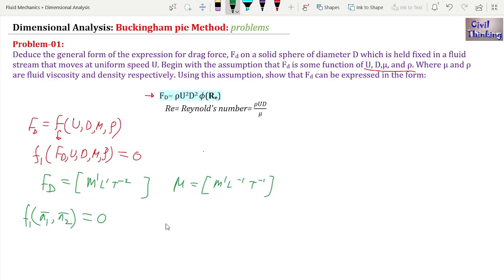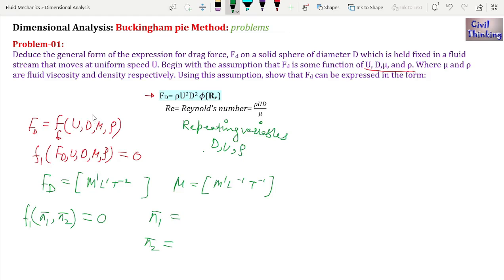Now we have to find the value of pi 1 and the value of pi 2. We always have to choose the repeating variables in the Buckingham method. Let me choose the repeating variables to be d, u and rho.